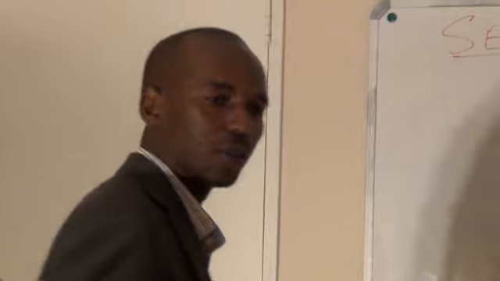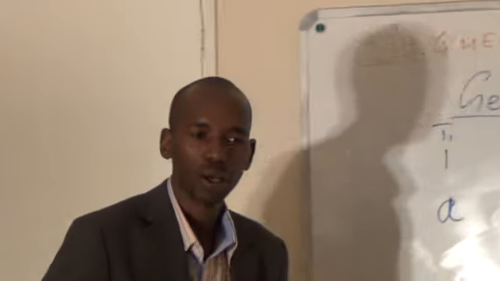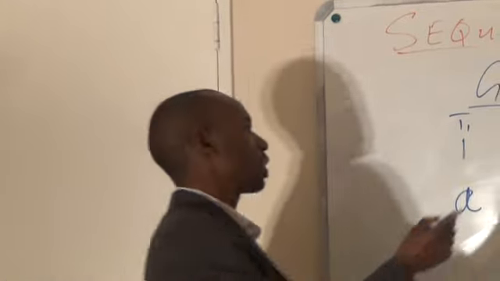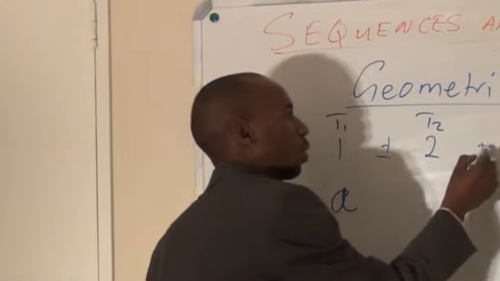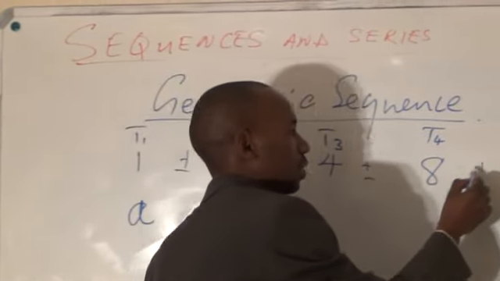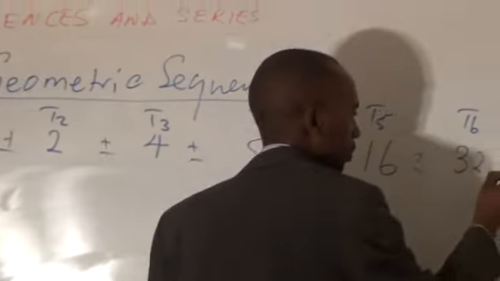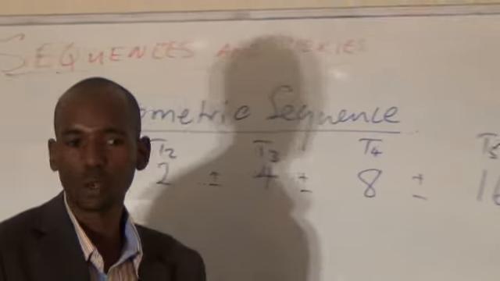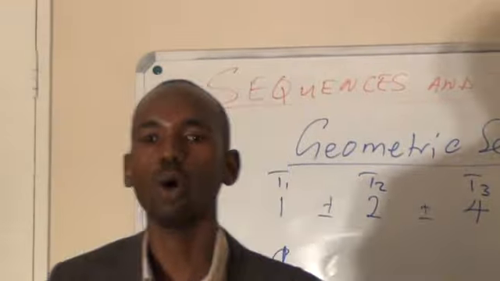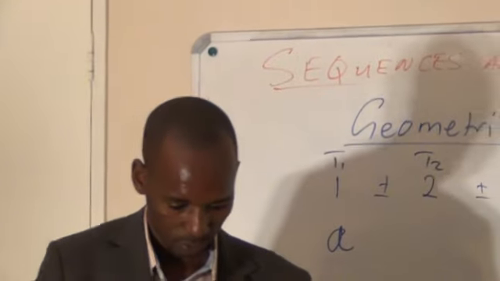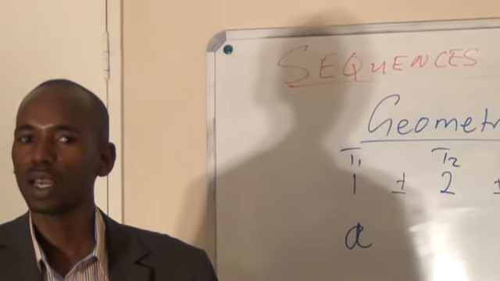What would happen if I were to do the following to my sequence? If I were to start adding or subtracting the terms, do I still have a sequence if I do that? No. What do we call that? Series. It's a series.